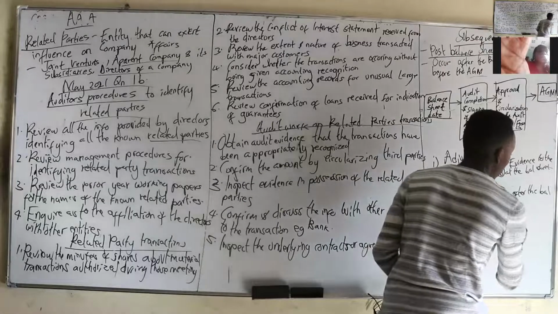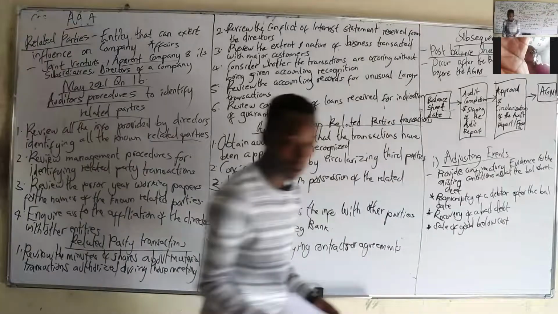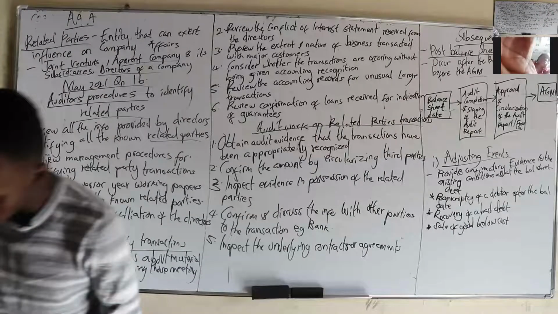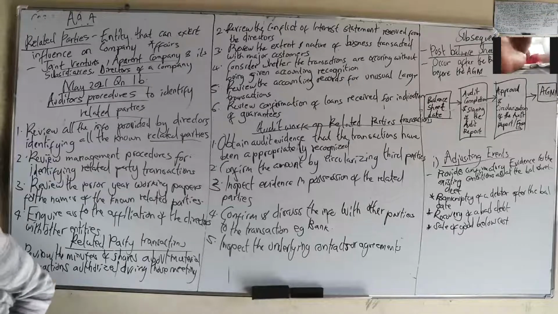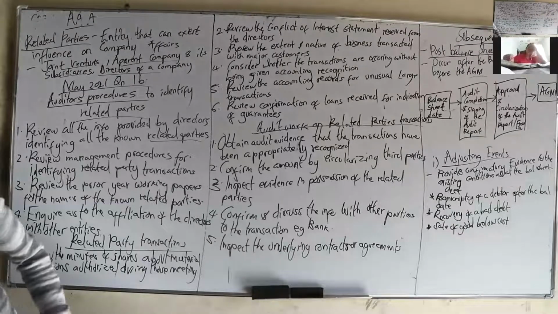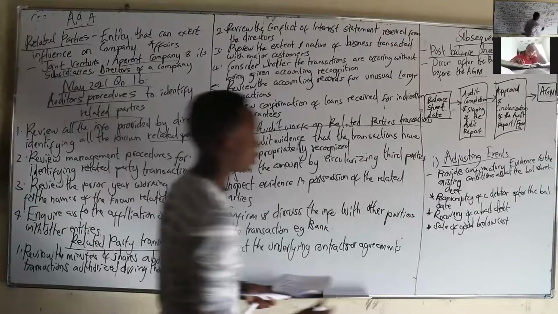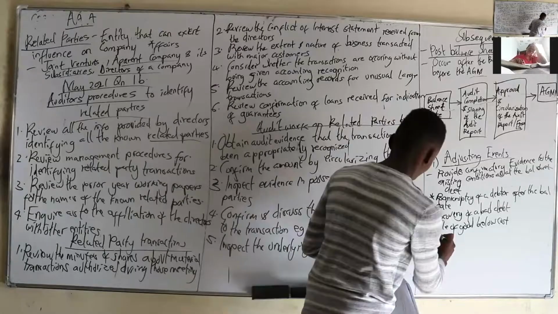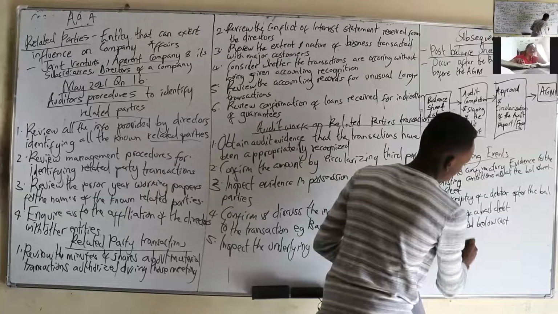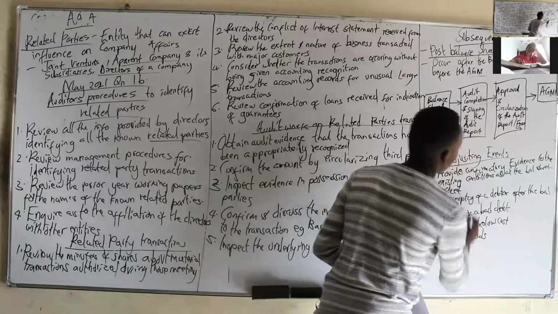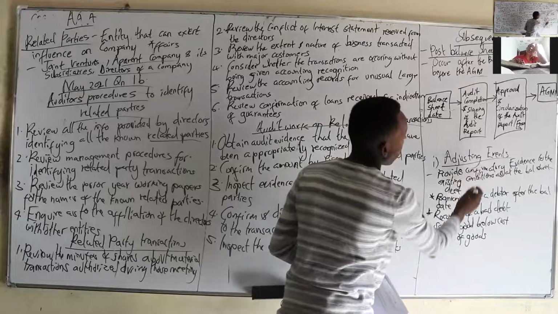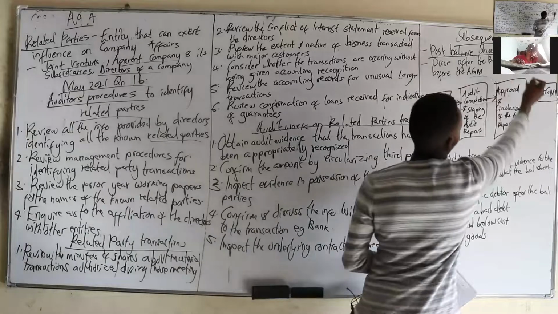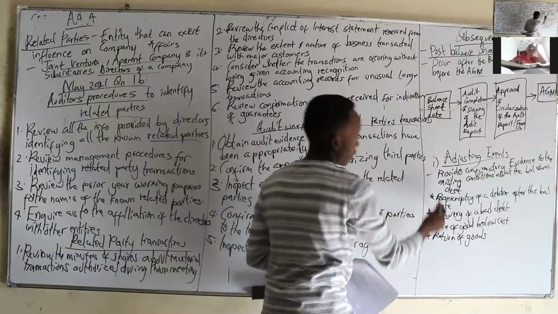If this matter is identified after the balance sheet date, that is what we call an adjusting event. And then also return of goods which had been sold. Now, these adjusting events, necessarily you will be asked on the basis of these dates, and we're going to see how that is examinable.